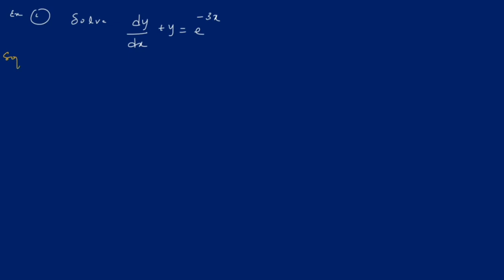Solution. The given linear equation is dy by dx plus y equals e to the power of minus 3x.